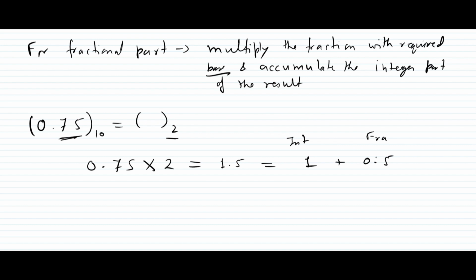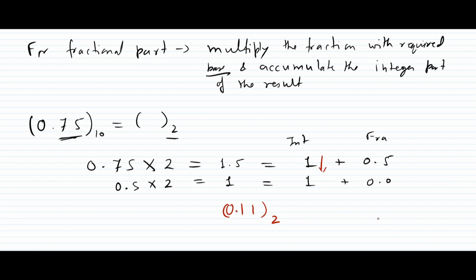So again multiply this fractional part by the required base, so it will be 1 plus 0.0, correct? Now we accumulate these integer parts, moving like this. So this will be 1 1 in base 2, and since it is fractional, 0.11 in base 2.